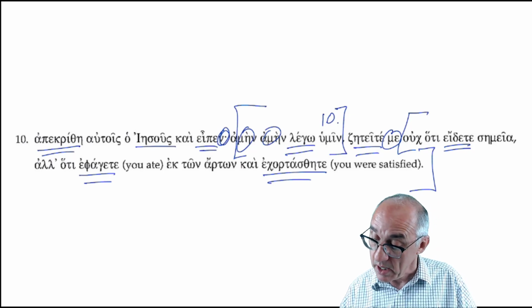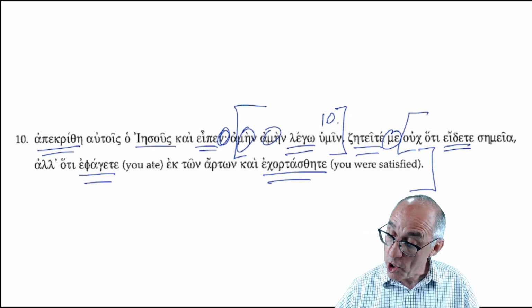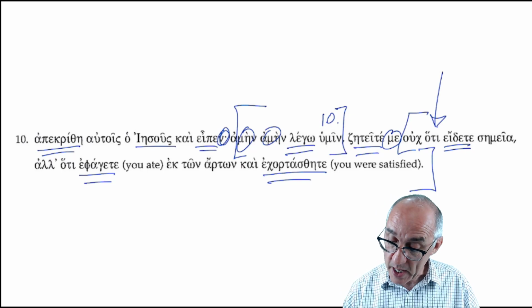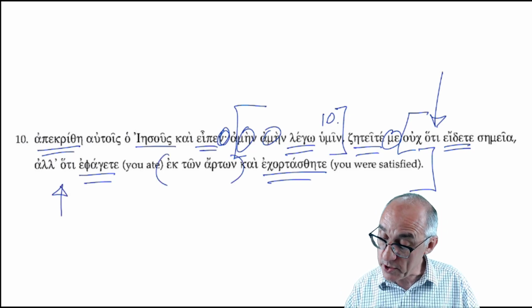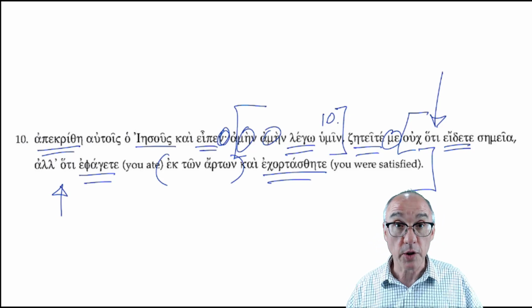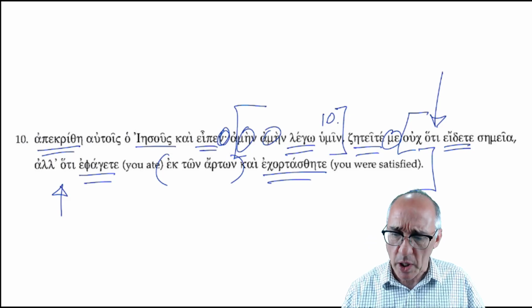Okay. And oh, look at this parallelism here with hoti and hoti. Ek ton arton is a phrase. So there's a lot going on here. Let's draw this out a little bit more.